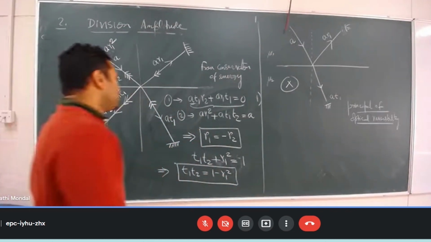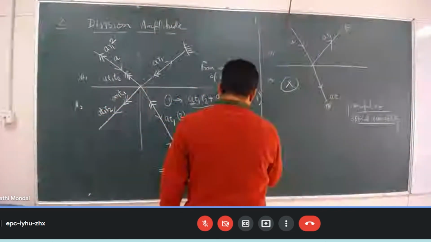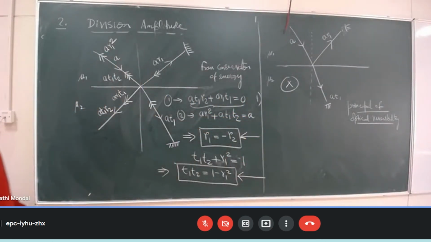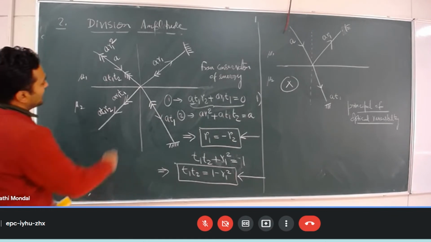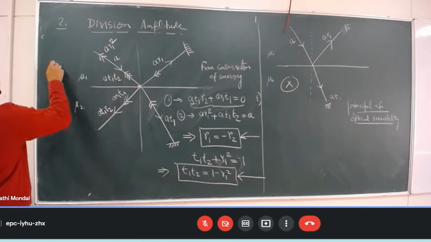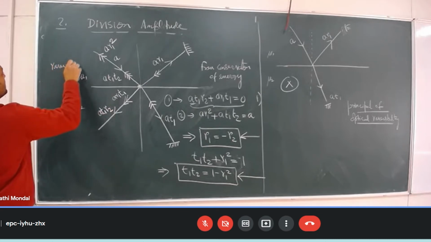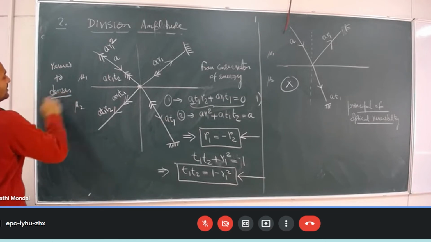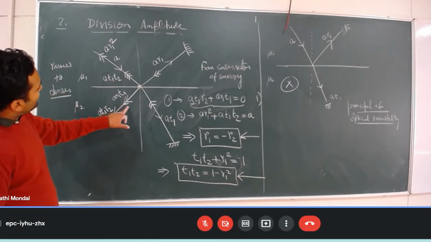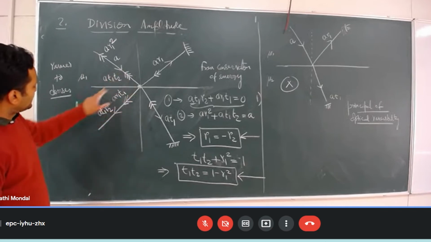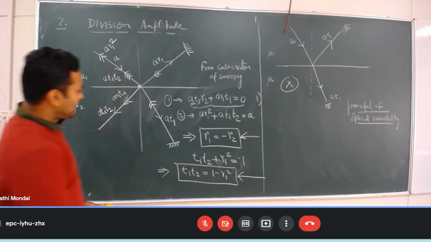Okay, so now these are the two things we have got from optical reversibility. Now we have an actual reflection of light from rarer to denser. We don't have any reflection here from denser to rarer because this is 0, so let's ignore this part.